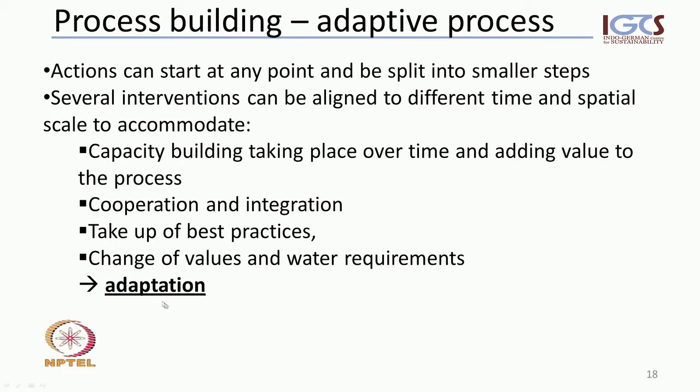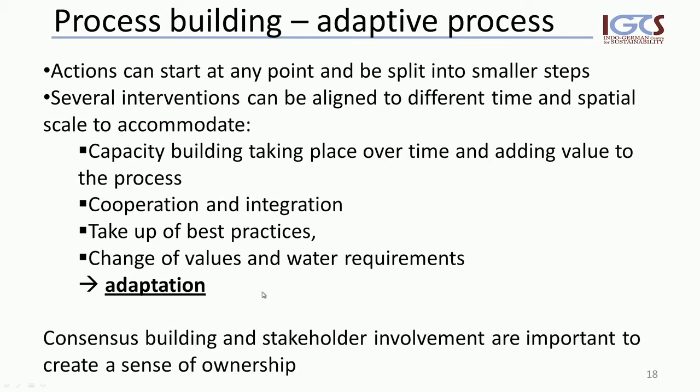So it's an adaptive process, we call this adaptation, that requires a frame which should be developed to give space for these various processes to take place. There should also be consensus building and stakeholder involvement from the beginning of the sustainability approach to a river basin, to create a sense of ownership.